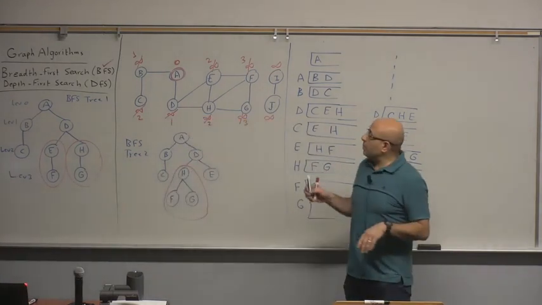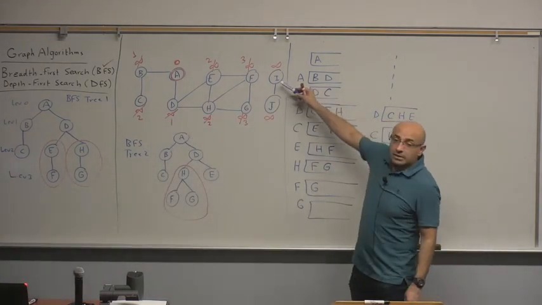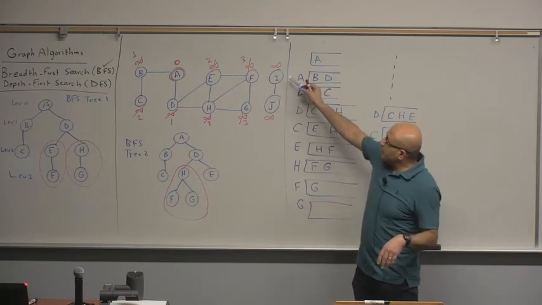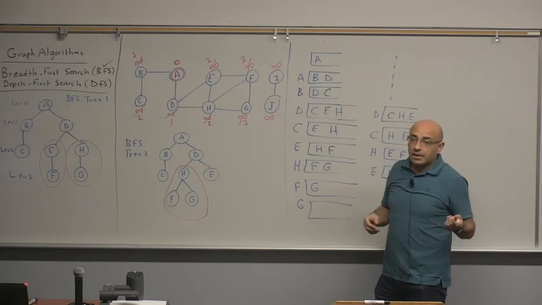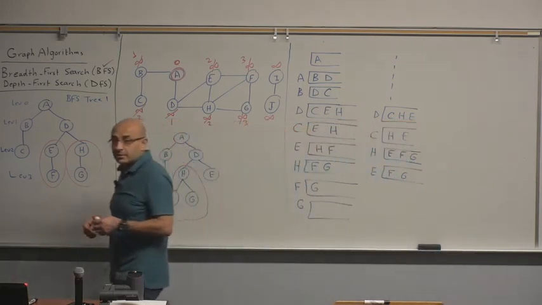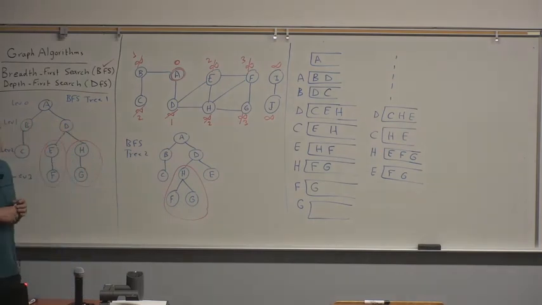Now, one important observation is these nodes that still have an infinite distance, even though the algorithm terminated. What does this mean? They're unreachable. They don't have any edges.